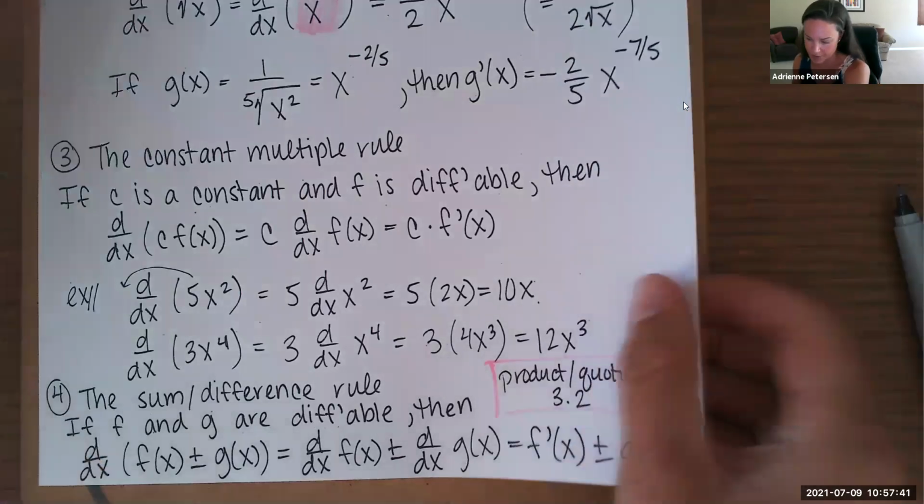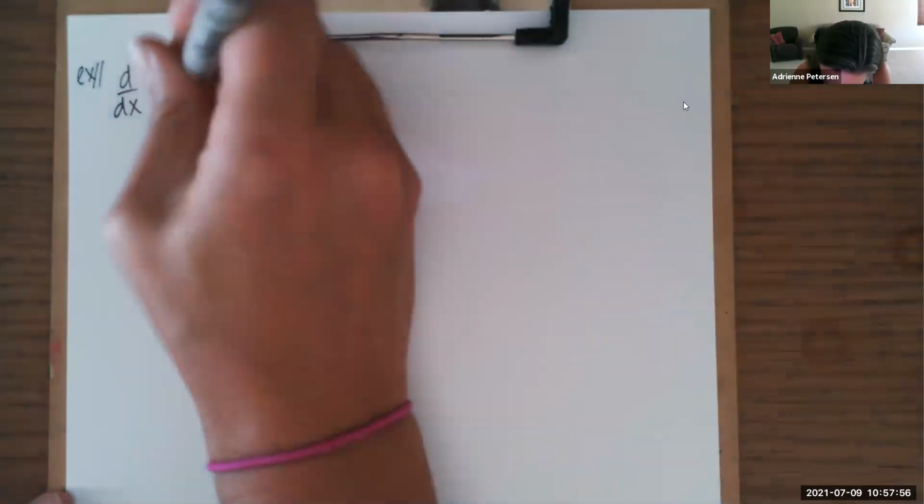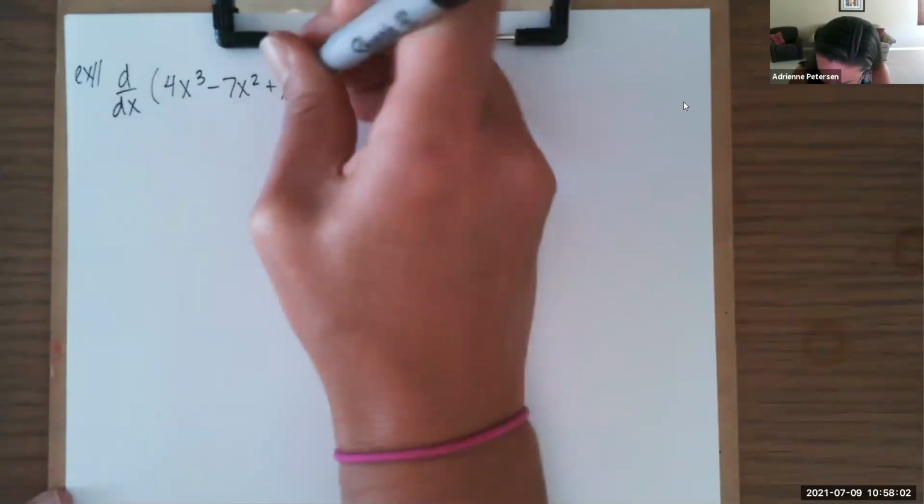Okay, so let's do some examples using the sum and difference rule. And again, I hope you feel that this, just like the constant multiple rule, is pretty straightforward. So example, let's take the derivative. So again, d dx means take the derivative, find the derivative of 4x cubed minus 7x squared plus x plus 11.